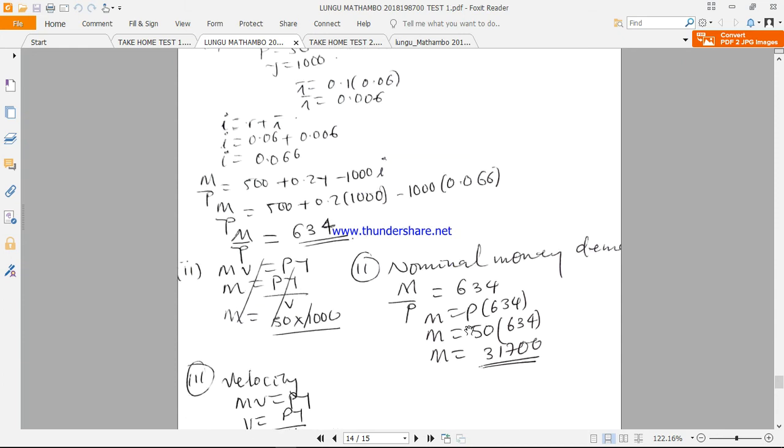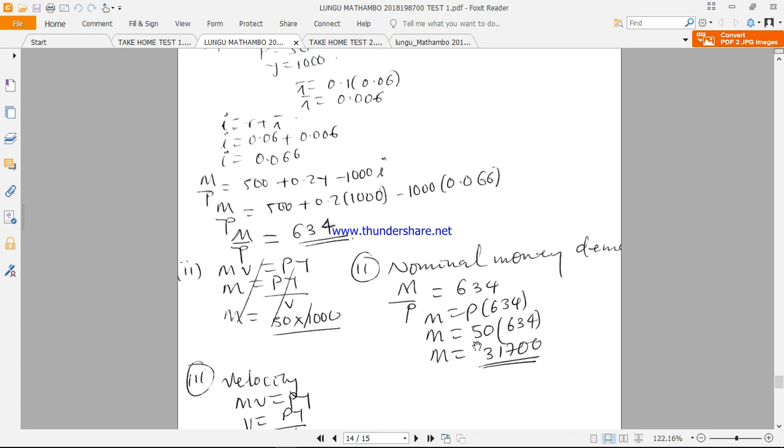Okay, so I think you're able to see that the difference between real and nominal is that nominal is just the nominal amount that is circulating. But with the real, you are trying to deflate that money in terms of inflation. You are trying to remove the effect of inflation.